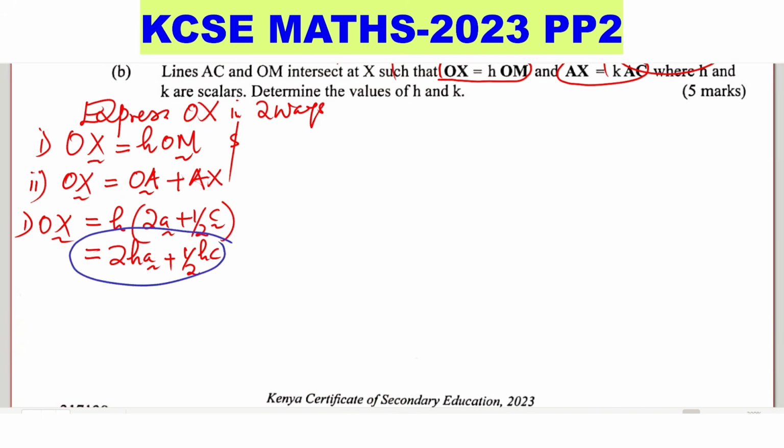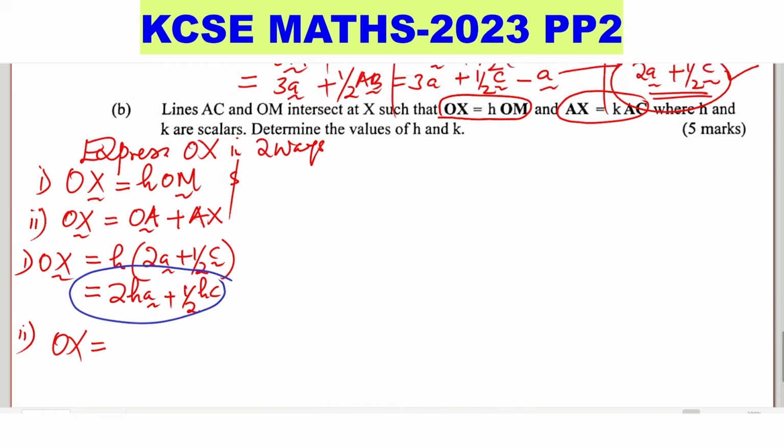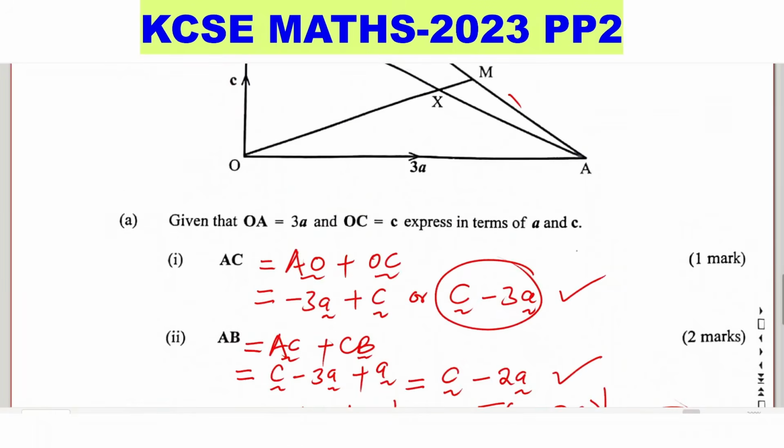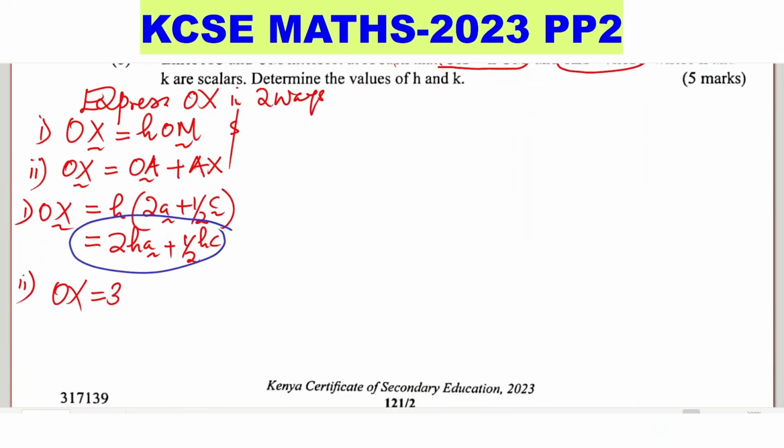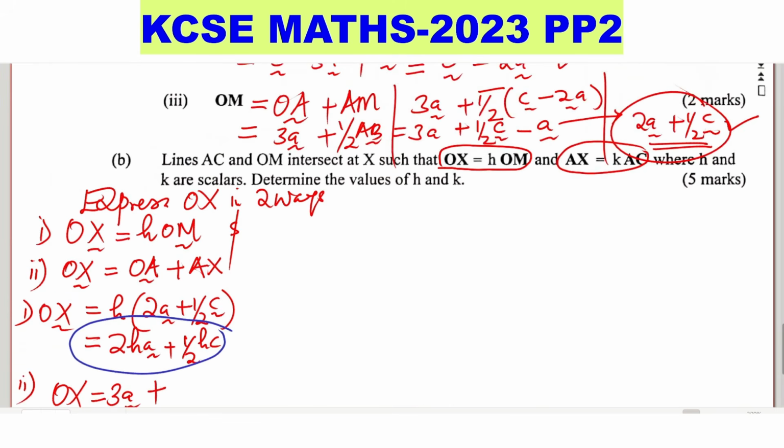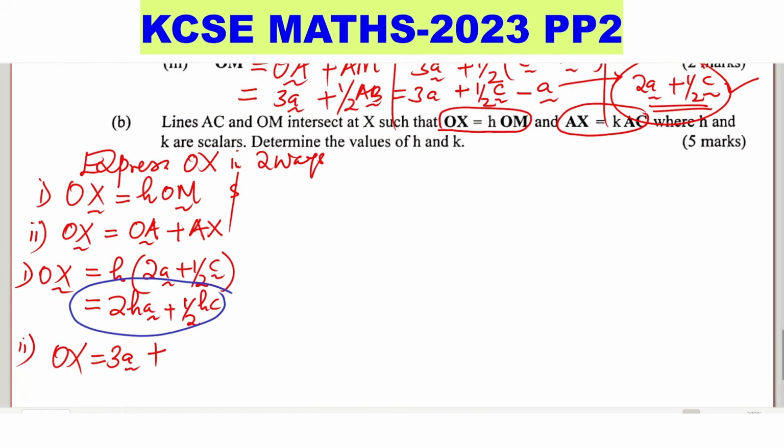The second one is here, OX is equal to OA, and OA is given as 3A, plus AX. AX is given by K AC. You're given that in the statement.